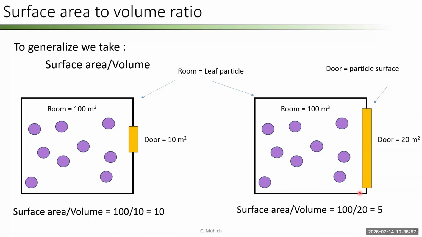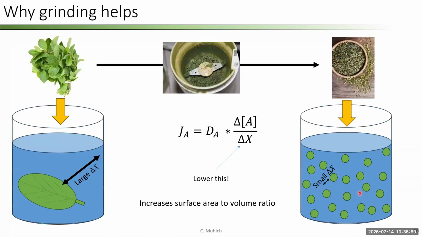Okay. All right. So a lot of times we want to maximize that surface area to volume ratio so that we can get stuff out. And we do this generally by grinding. We can take our plant matter, put it in some sort of grinder, and chop it up into tiny little bits.